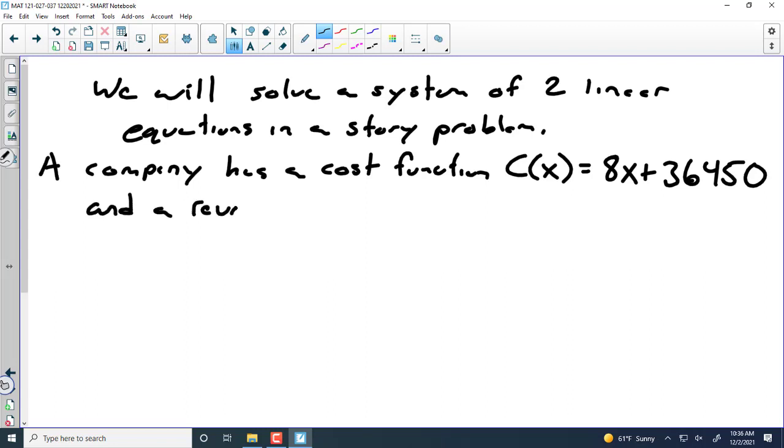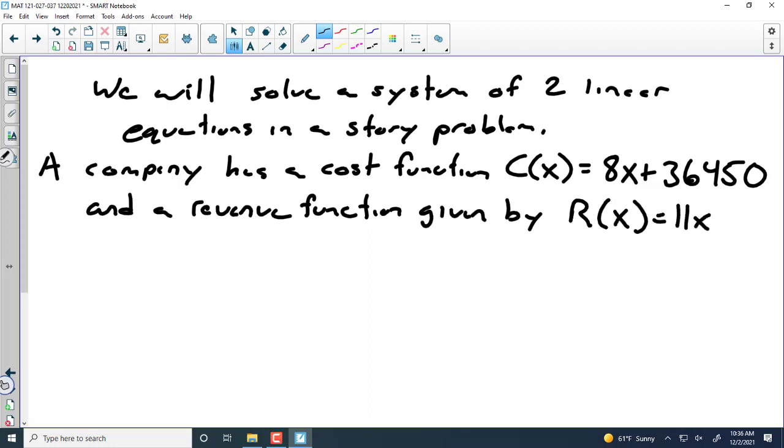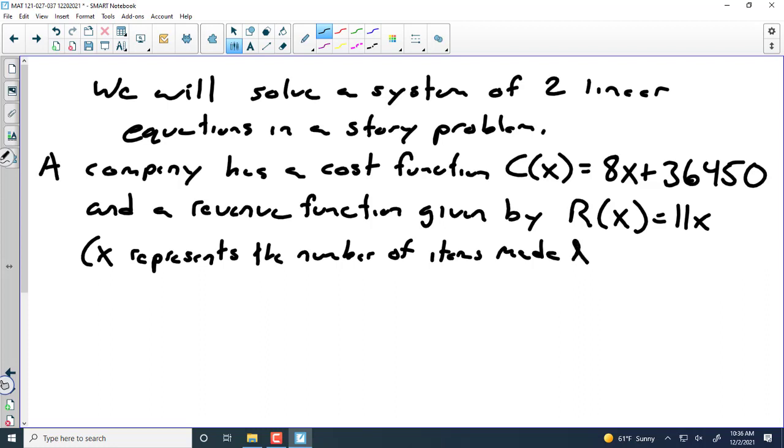And a revenue function given by R of x equals 11x. x represents the number of items made and sold.